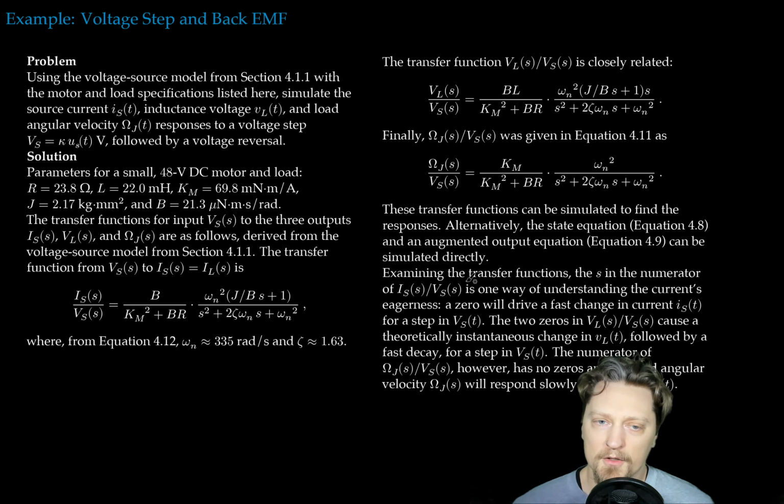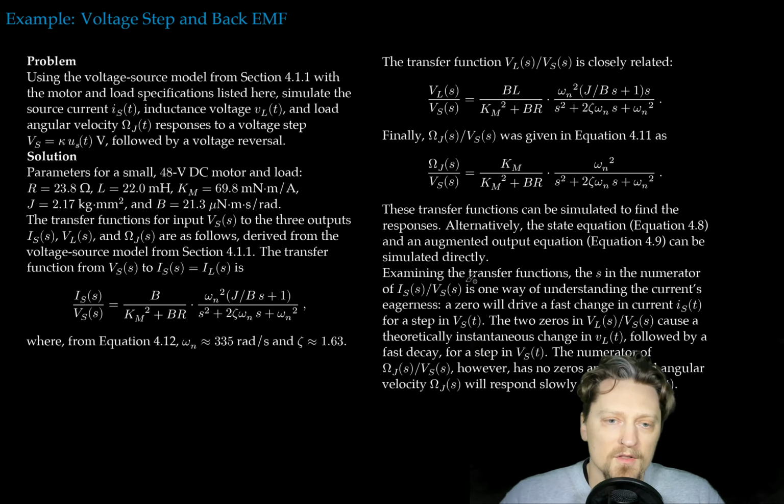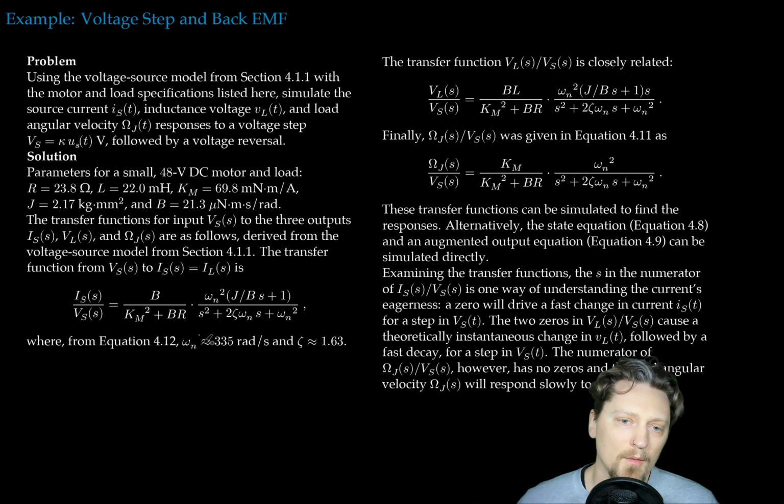The transfer functions for input Vs to the three outputs Is, VL, and omega j are as follows, derived from the voltage source model from section 4.1.1. The transfer function from Vs to Is equals IL is given with this transfer function, where we have two poles and a single zero.